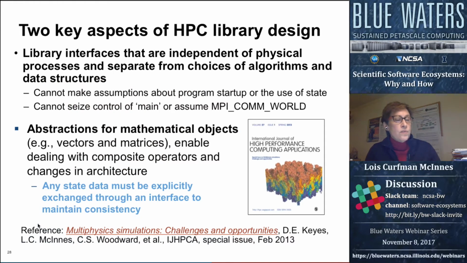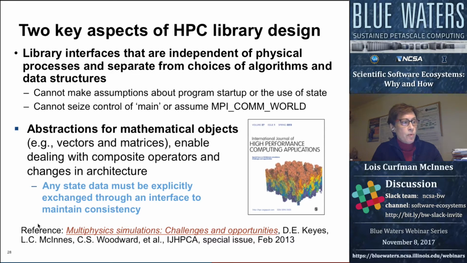So we don't have time in this presentation to talk in great detail about aspects of library design that help make software reusable, but we do want to touch on two key points, because these points are ones that we believe are so important that you can think about these carefully when you're developing your own software, whether it's application-specific packages or even things that you want to reuse in a different context.